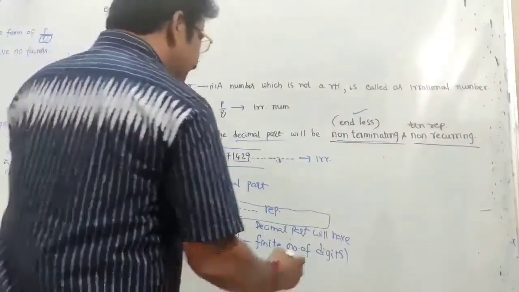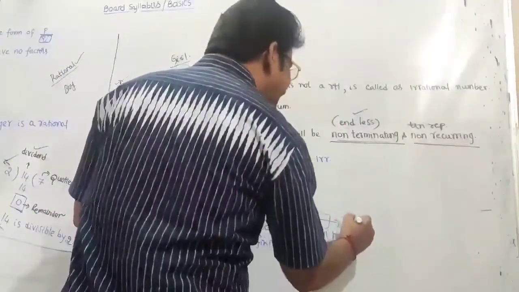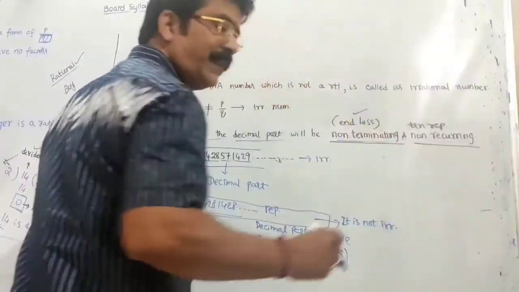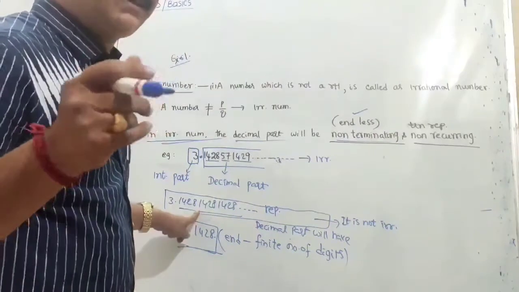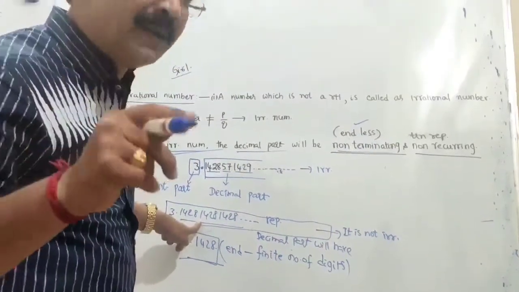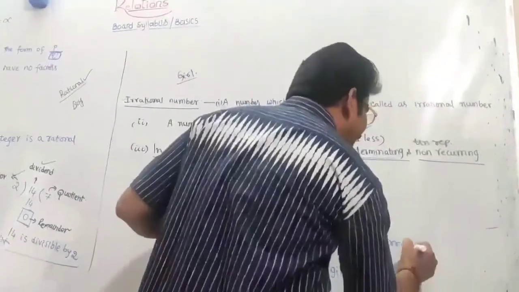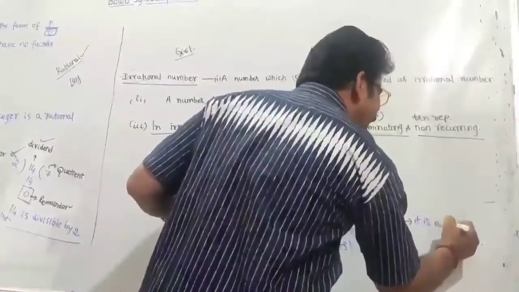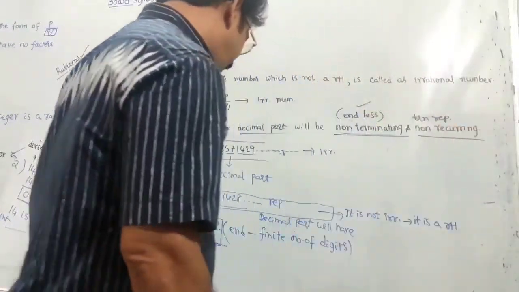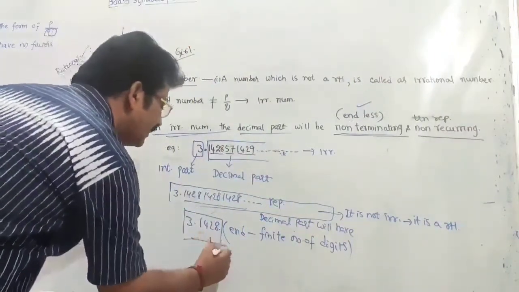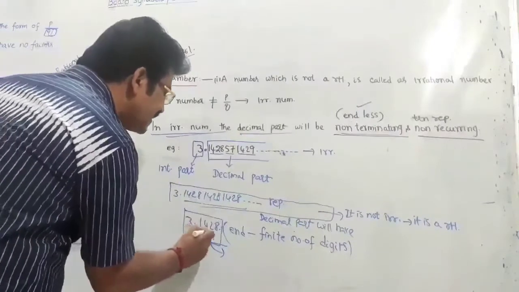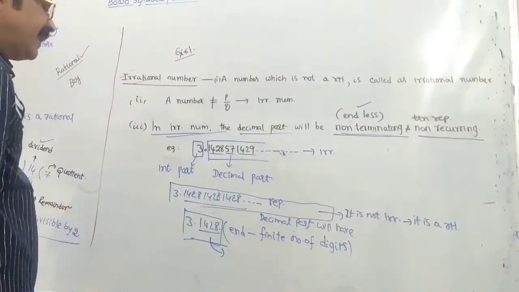Next, this one is not an irrational number. A number which is not an irrational number is said to be a rational number. Of course, it is a rational number. This is also. Ending is there, meaning in the decimal system, a finite number of digits are there.